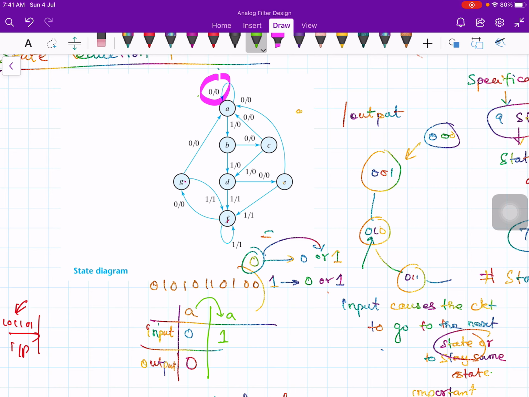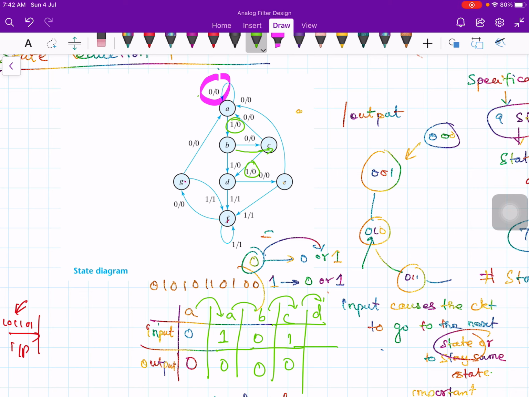Now if you apply 1, input is 1 and output is 0, but the state moves from A to B. Now in B, if you apply 0, input is 0, output is 0, and it moves from state B to C. And in state C, you apply 1, the output is 0, but you move from state C to state D. Like this you can keep on filling it up.